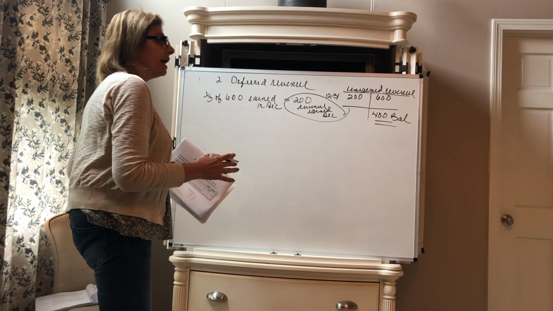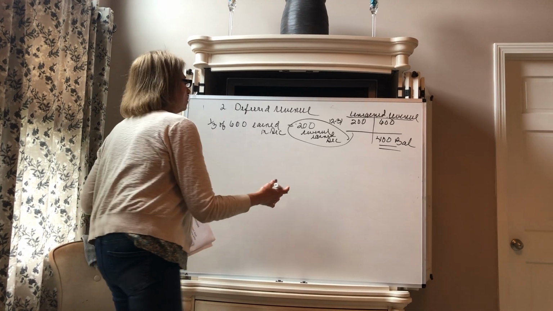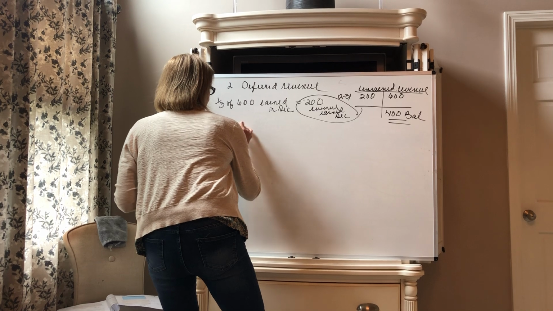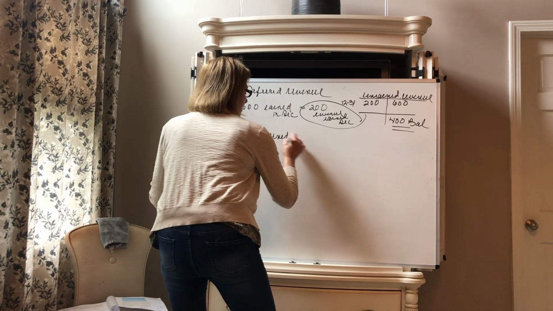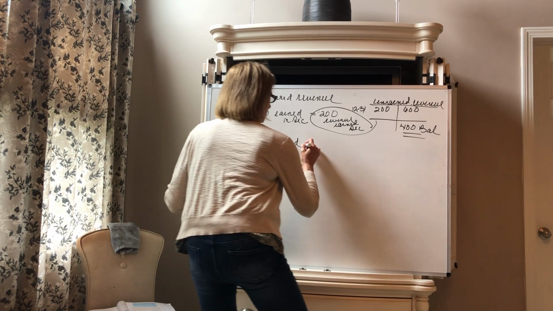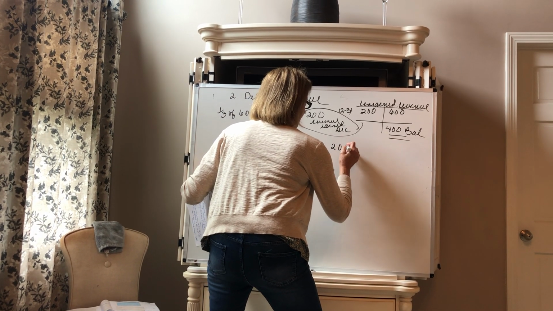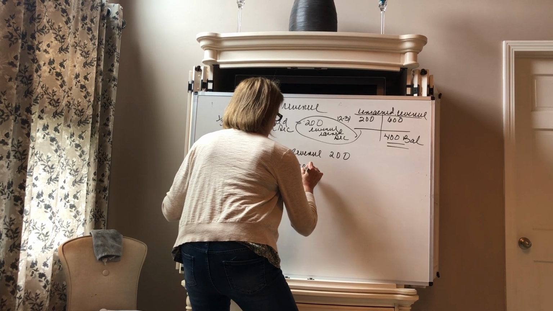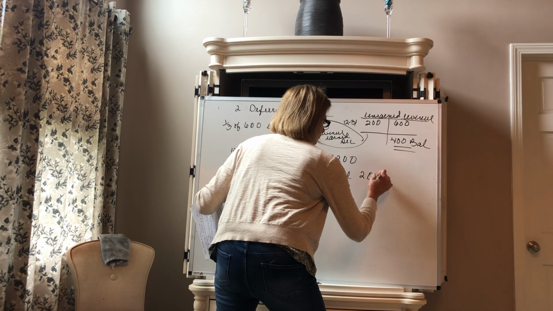So what we want as an adjusting entry for our deferred or unearned revenue is to debit unearned revenue always, because it's a liability. It increases on the credit side, so it decreases on the debit side, for 200, and then service revenue gets credited, as revenue always does, for 200.